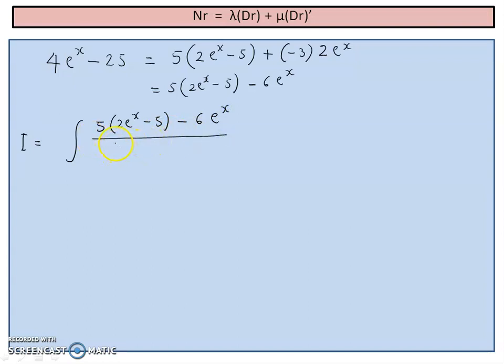What is the denominator? 2e^x − 5, dx. समझ गए? Very important step.